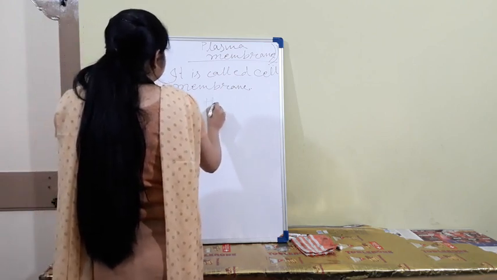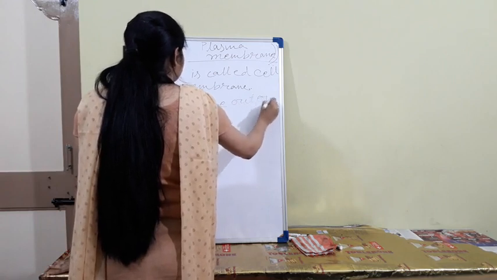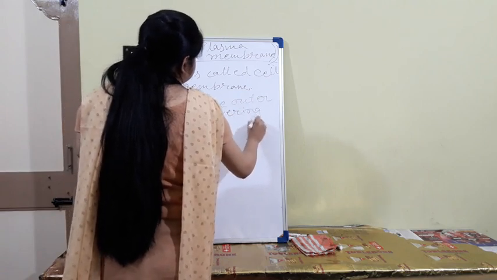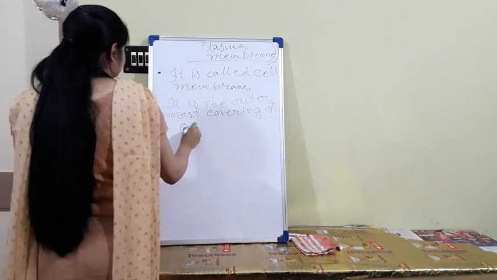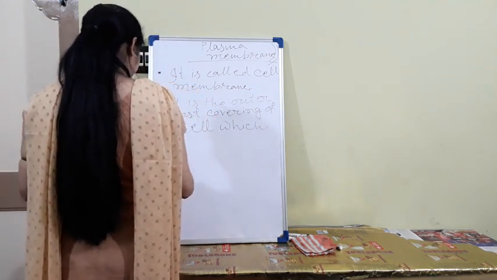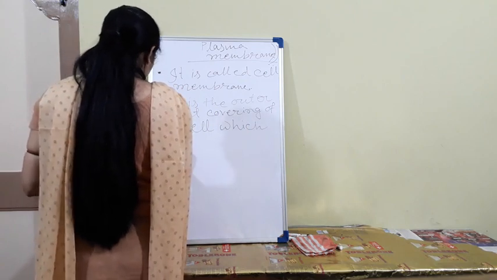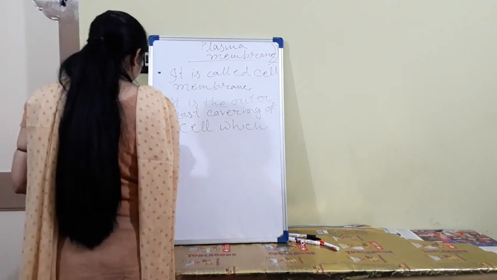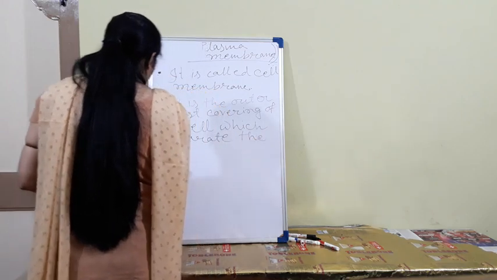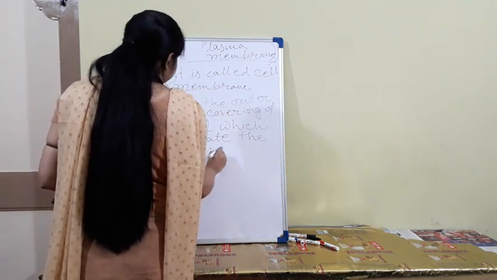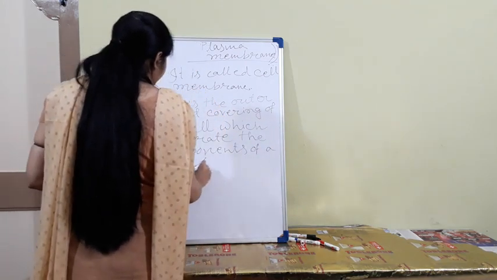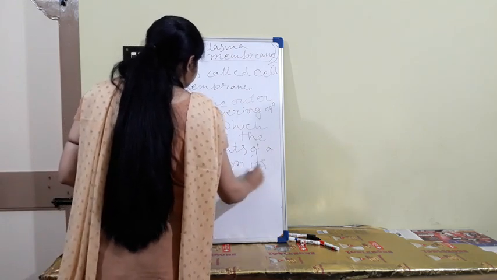It is the outermost covering of a cell which protects or separates, you can say, the components of a cell from its surroundings.